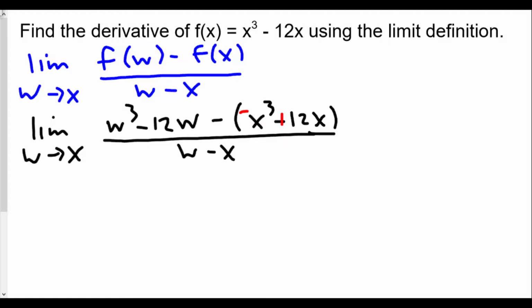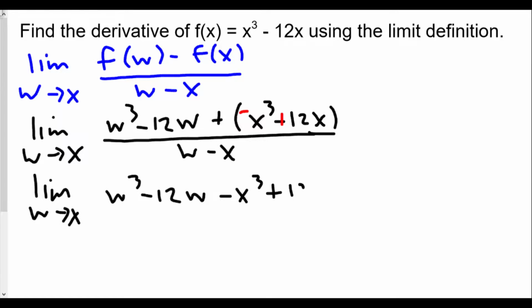So we end up with the limit as w approaches x of w cubed minus 12w. All right, there's a plus here actually, so it becomes minus x cubed plus 12x, all over w minus x. At this point, we're going to do a little grouping.